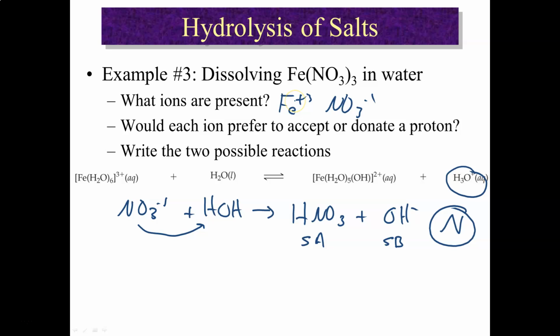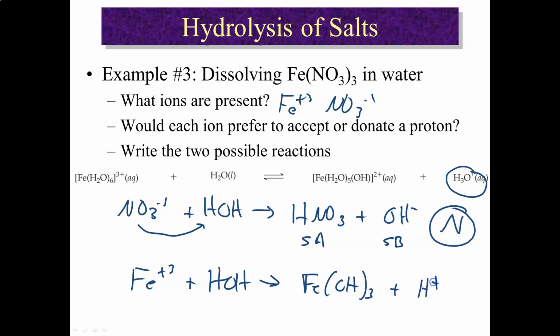Iron 3 is not a group 1 or 2 metal, so it just acts a little bit differently. You could still take our shortcut here and write Fe plus 3 plus HOH produces FeOH3 plus H plus. Now this isn't balanced, but you could balance it if you wanted to.